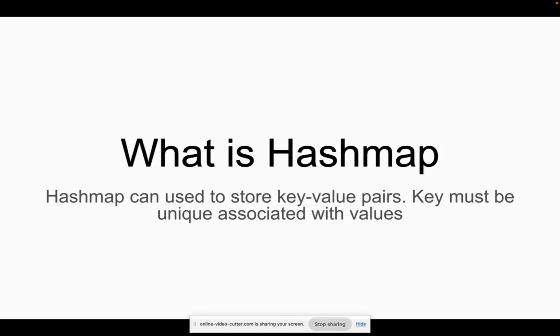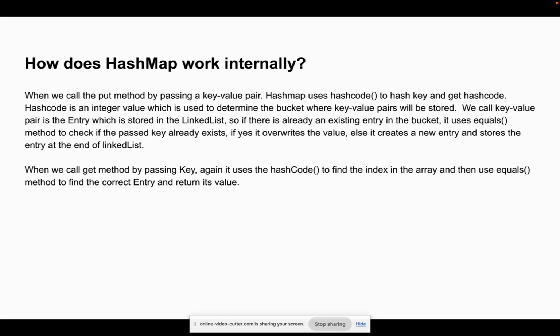The second question is how the HashMap works internally. Some companies asked me this one, so I think you need to know. When we call the put method by passing a key value pair, the HashMap uses the hashCode method to hash the key and get the hash code. The hash code is an integer value which is used to determine the bucket where the key value pair will be stored.